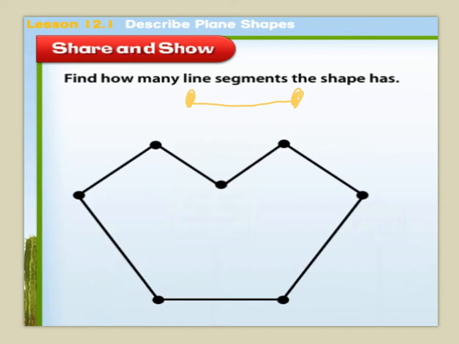When I count them, I see 1, 2, 3, 4, 5, 6, 7. So this shape has 7 line segments.